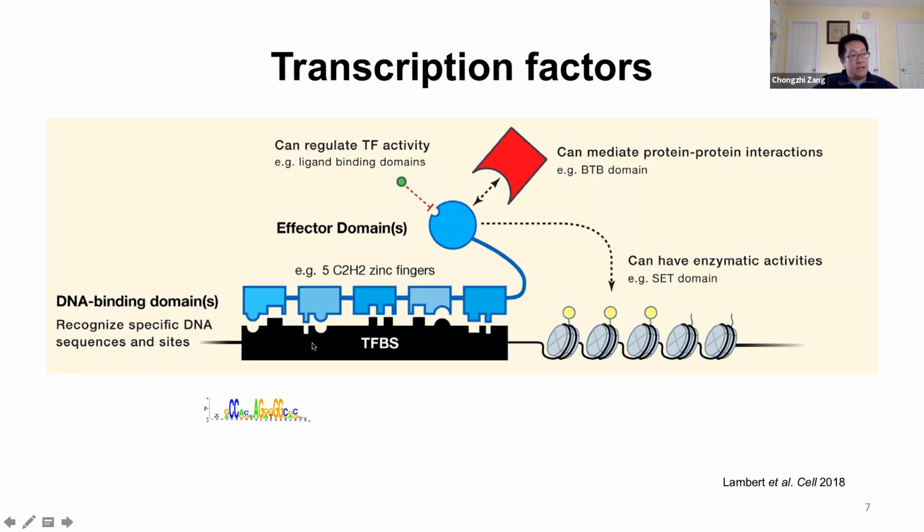Usually they recognize specific sequences, and we'll probably mention on either late Wednesday or on Friday the sequence motif scan. Once we identify the transcription factor binding sites, we're interested in looking for what specific sequences this transcription factor will be targeting.